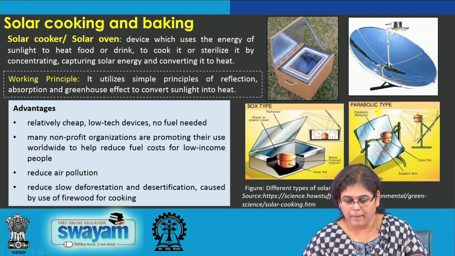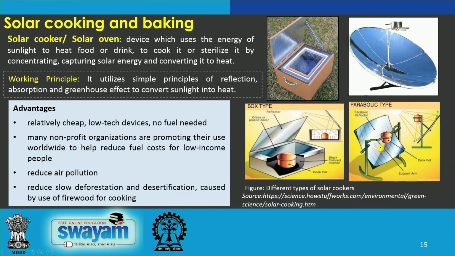Similarly, this is a parabolic type reflector, where a very high temperature can be reached. For example, we can use this system for baking of food products, where the temperature ranges around 200 to 205 degrees centigrade, which is very effective for baking.